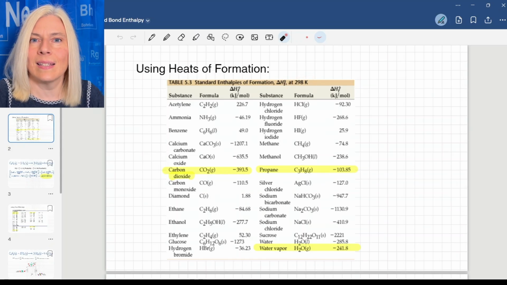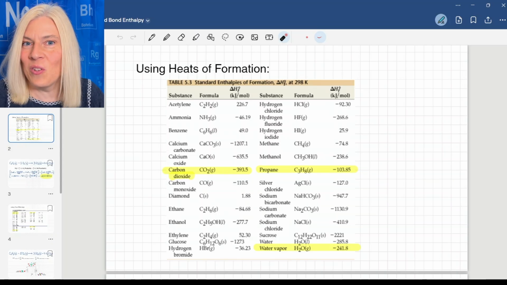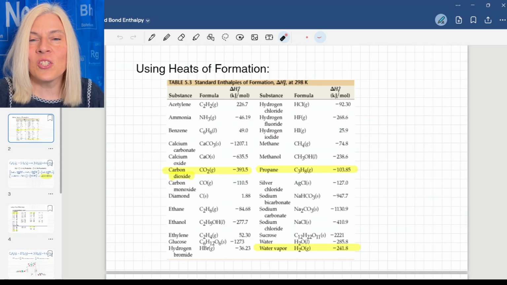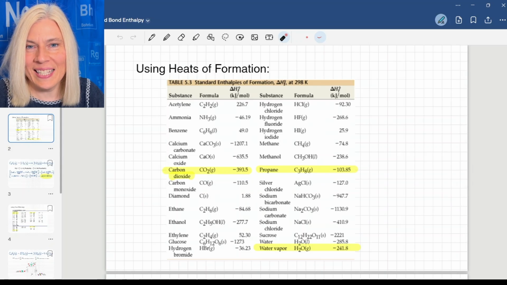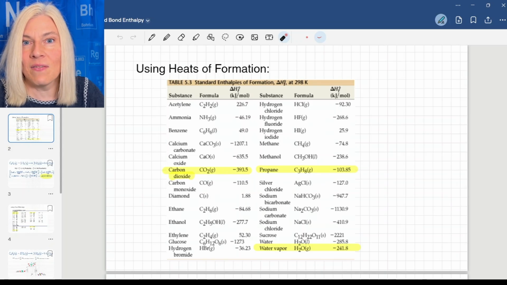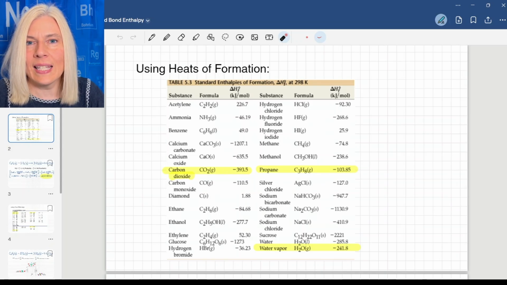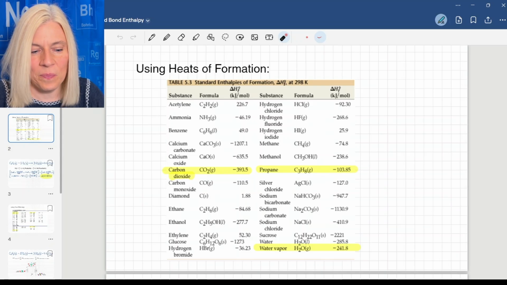Oxygen already exists as O2 gas at room temperature, so you do not need to do anything with oxygen. Oxygen is already in its elemental state. So the heat of formation of O2 gas at 25 degrees C or 298 Kelvin is 0. This is why it's not in the table. Elements in their elemental state at room temperature have a heat of formation of 0.